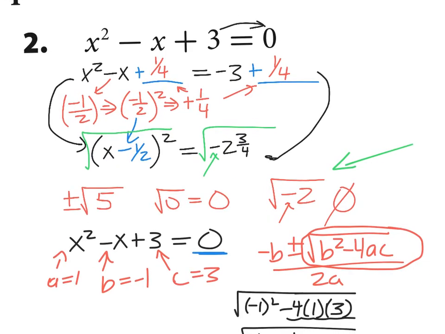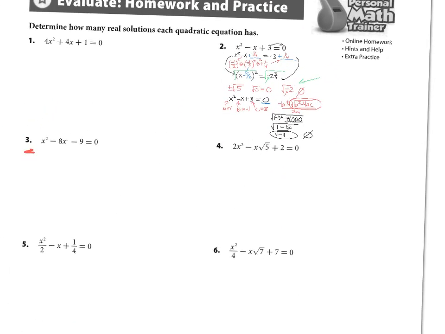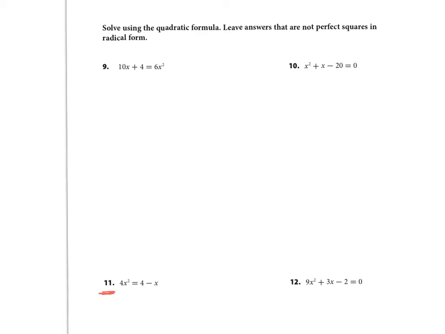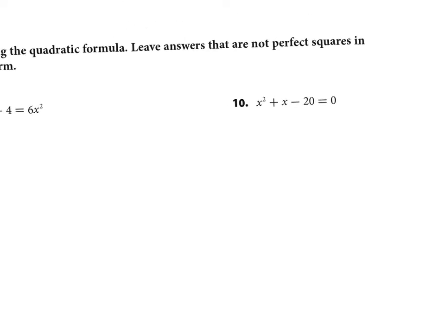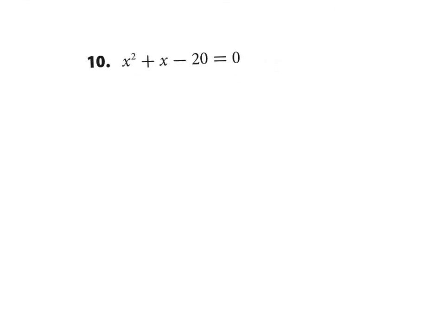Okay, let's move on. Let's go to problem number 10. It says solve using the quadratic formula. Now, I didn't underline this one to work, but I'm going to work it just because you don't need to do quadratic formula here. Think about factors of 20 that subtract to give you 1.